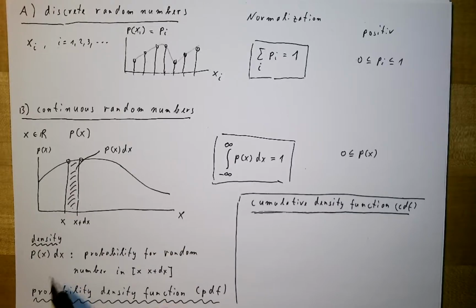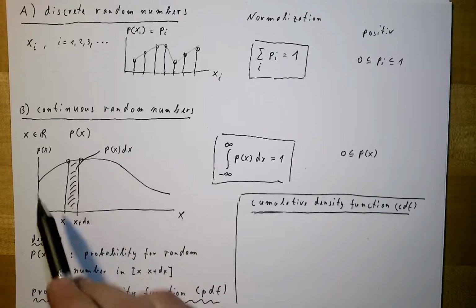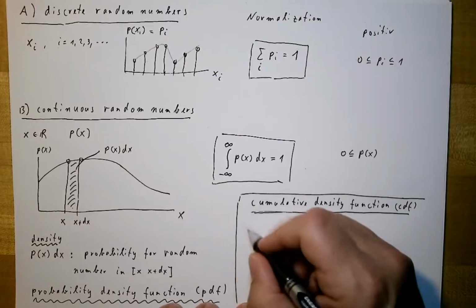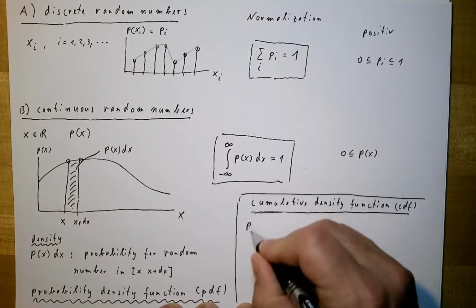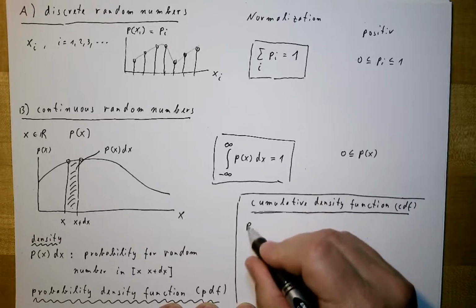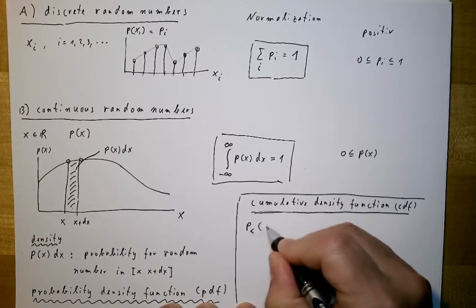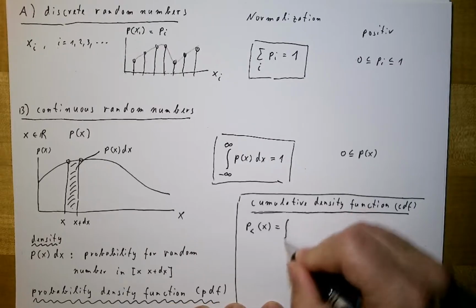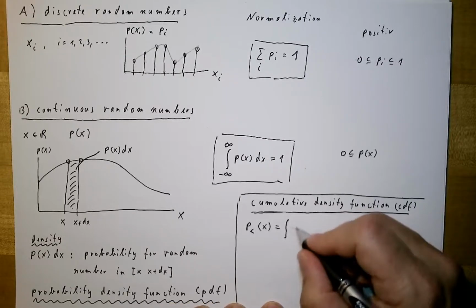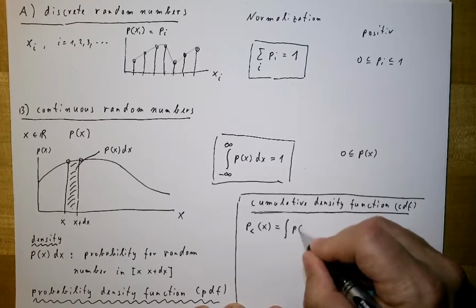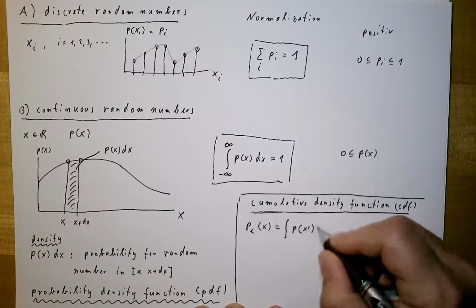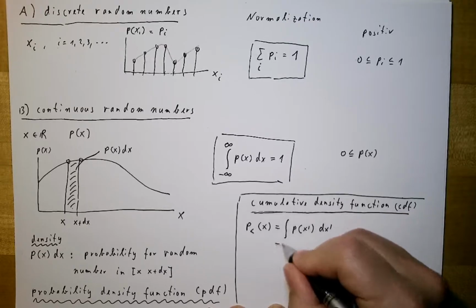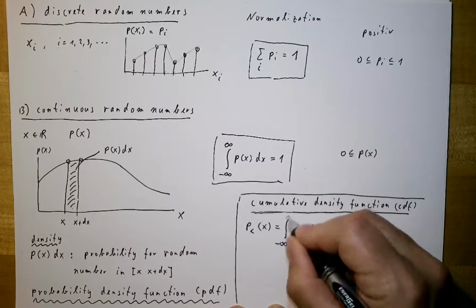So if you want to prove some theorems about such functions, this is a bit problematic. And so we can introduce this function. You always use the notation p smaller of x, and this is an integral. We integrate our distribution, p of x prime dx prime, from minus infinity to x.